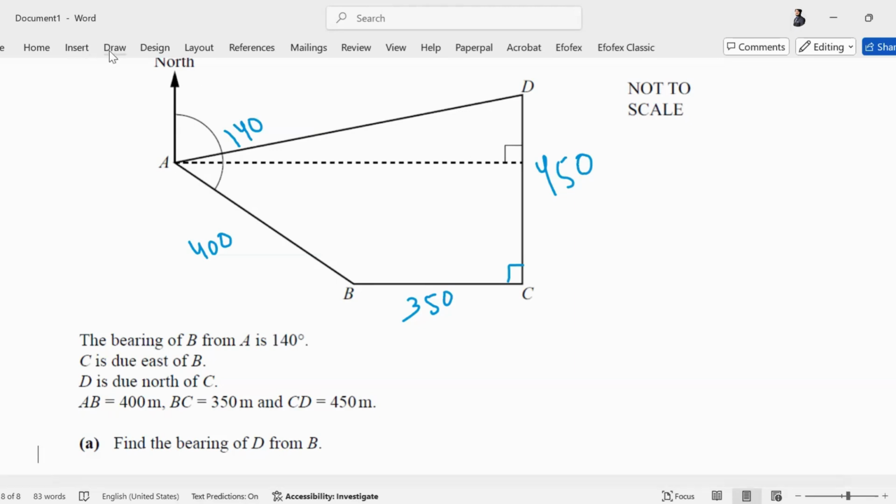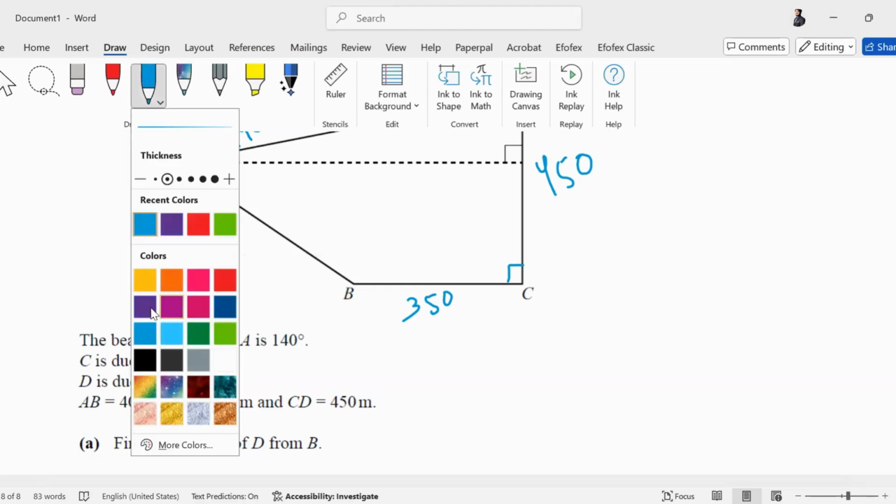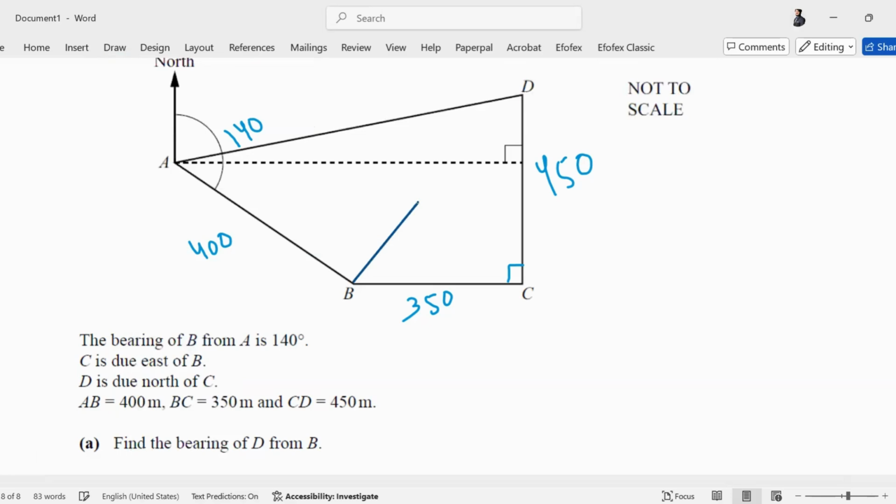So the first thing that you're supposed to do is draw that line of B from D. And then the question is telling me bearing of D from B. That means I'll have to draw a north on B. And this is the clockwise angle I am looking for.